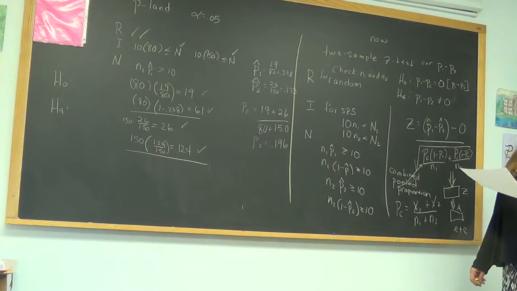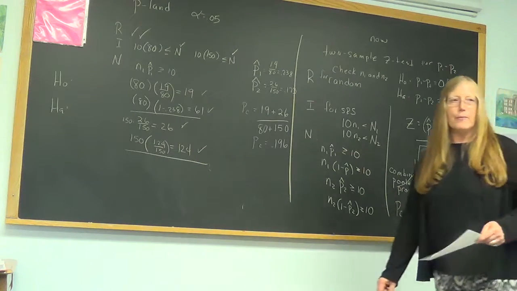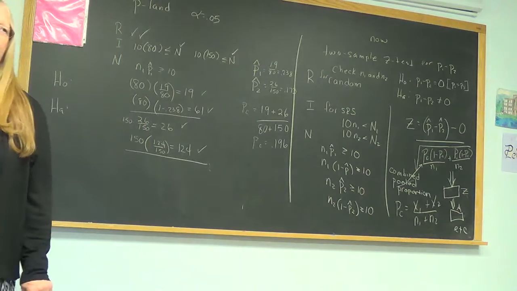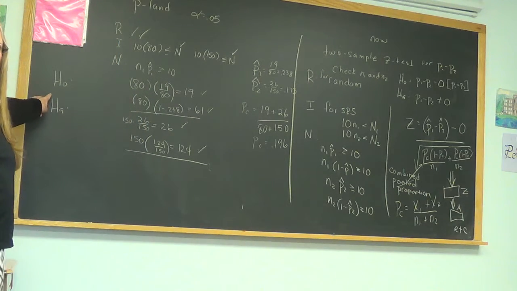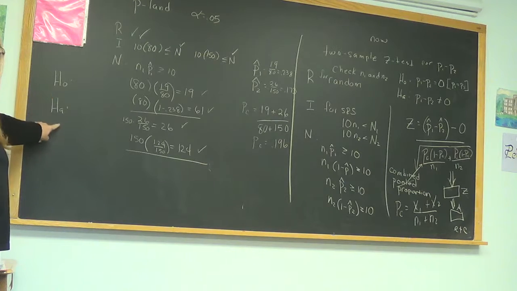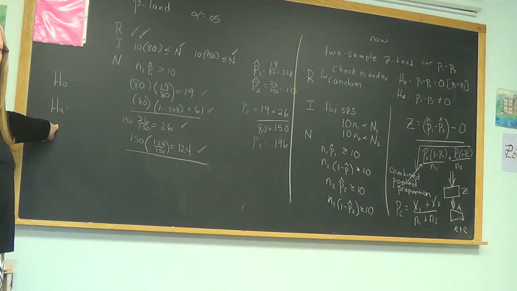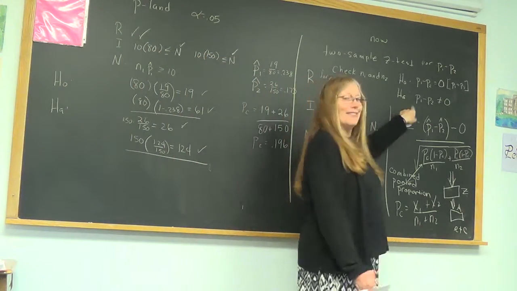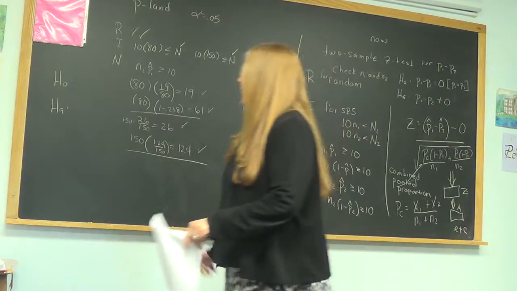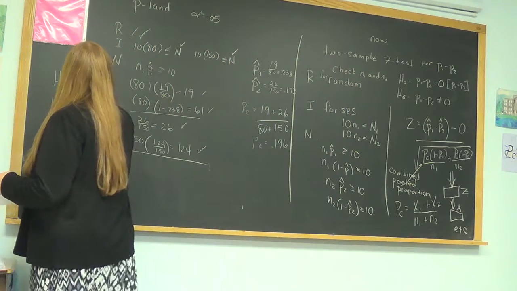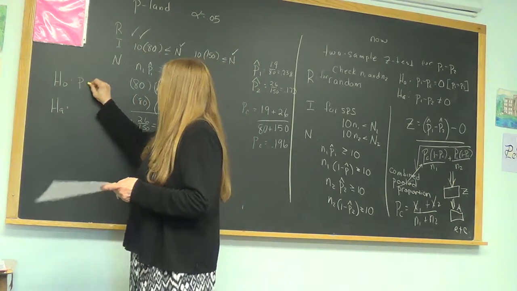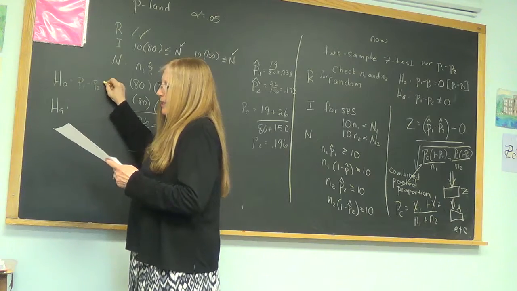It's because they're unknown; P1 is for the whole population. Are you filling in what you think H sub O is? And H sub A, I'm asking you to do that ahead of me. All right, so H sub O, we're making the null hypothesis, is P1 minus P2 is 0.